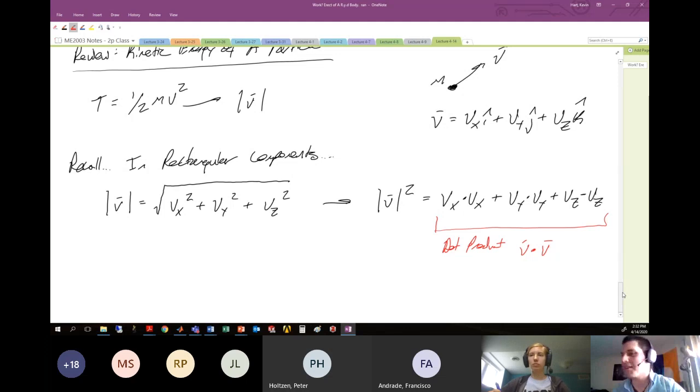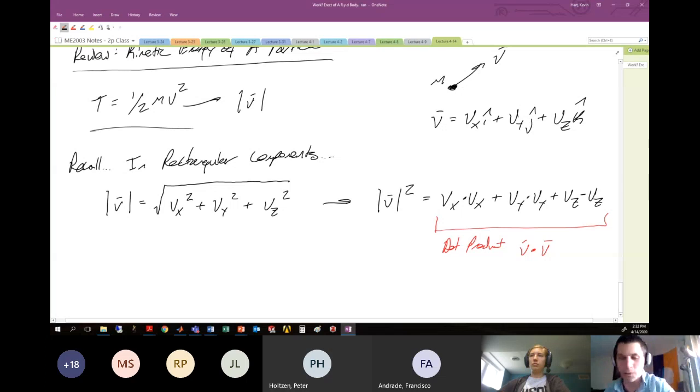So while you did get this nice dollar store version of the kinetic energy equation, there is a much more mathematically sound version which uses the dot product, all right? It is more mathematically sound and more truthful when you're talking about how these energy equations are derived.